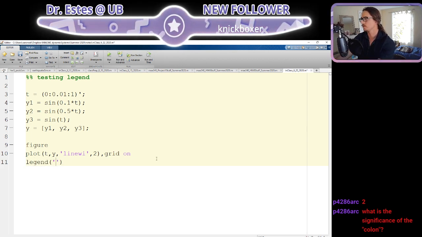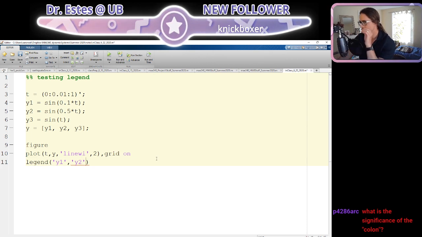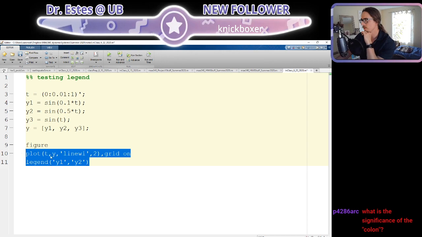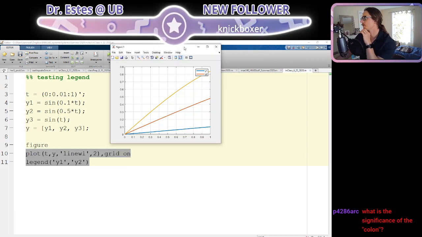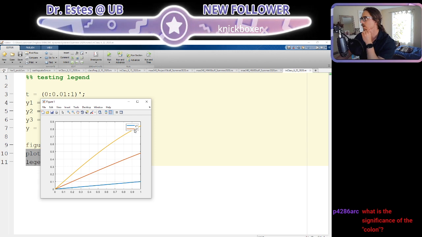If I do y1, y2, like if I only put 2 on my legend instead of 3, well then it has a blue and an orange in my legend, but I actually have 3 lines.